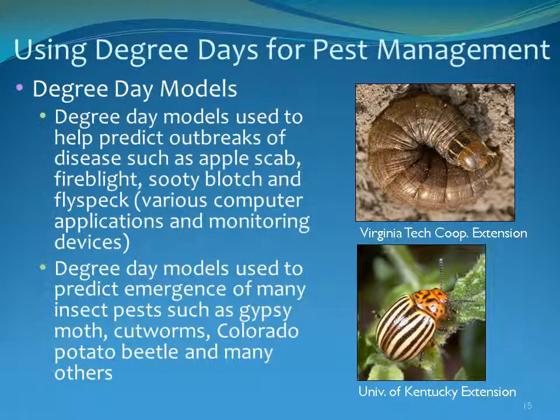And there are, for orchardists, various computer models that have been designed, and they have various applications and monitoring devices that are put up in an orchard to monitor the temperature and the relative humidity and how long a leaf is wet, for example, to try and predict when apple scab will be at a point where it's an outbreak.